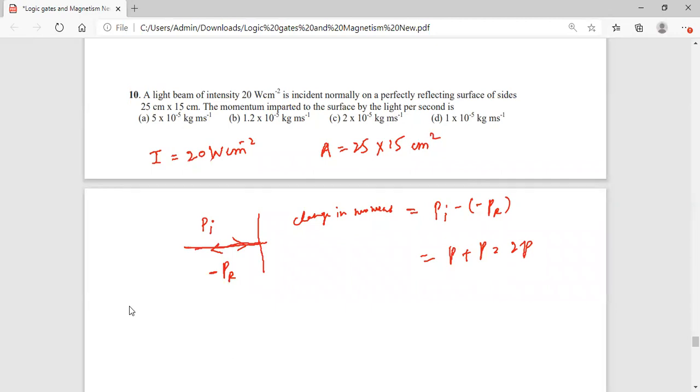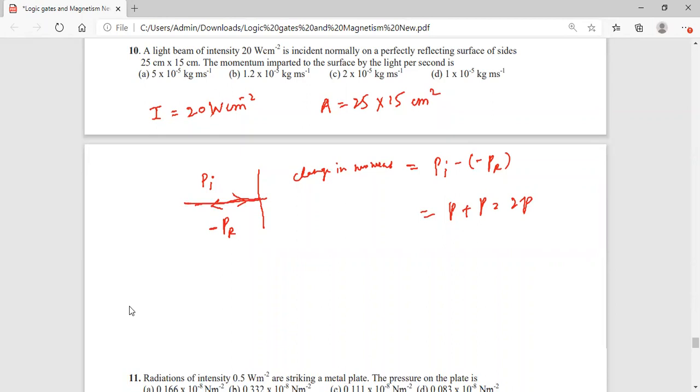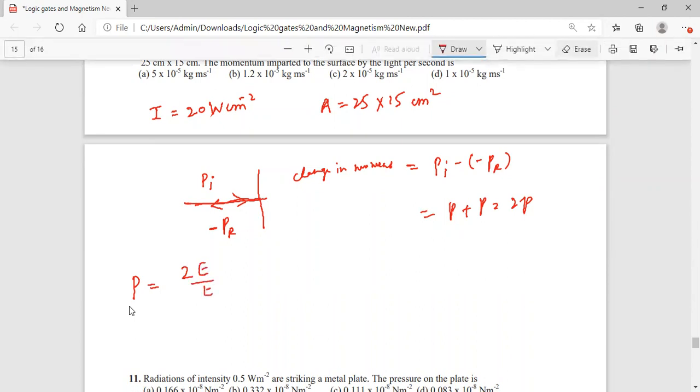Hence, the expression for momentum imparted is P is equal to 2 into E by C. P is the total momentum imparted, twice the E by C. E by C is the momentum imparted.